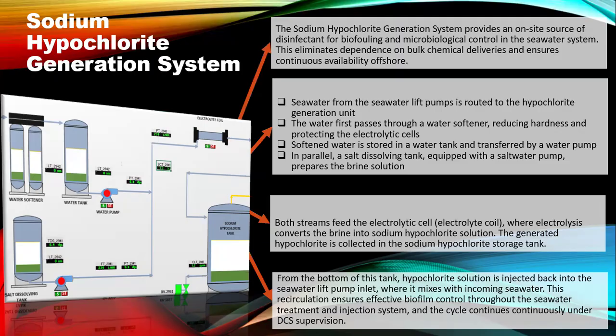So seawater from the seawater lift pumps is routed to this generator. The water first passes through a water softener, and I think we've talked about all this, where it goes to the electrolyzer, and then from there we form your hypochlorite.